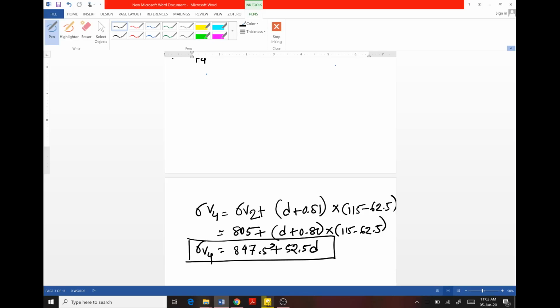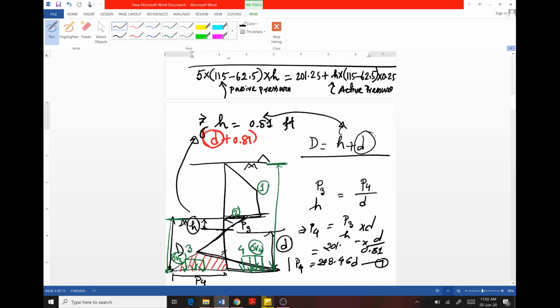Now we will try to figure out the value of P5. As I have already discussed the mechanism, at this point the passive thrust from this zone is equal to the active thrust of this zone, right?